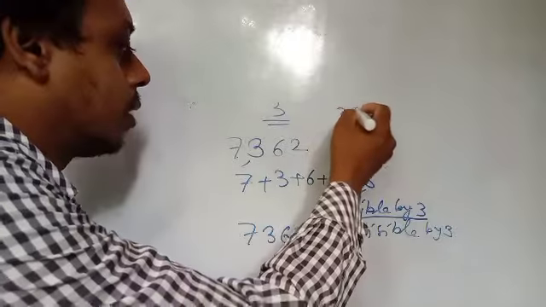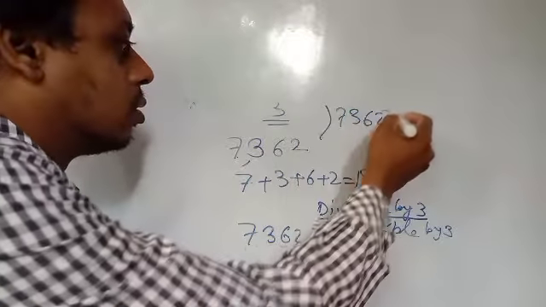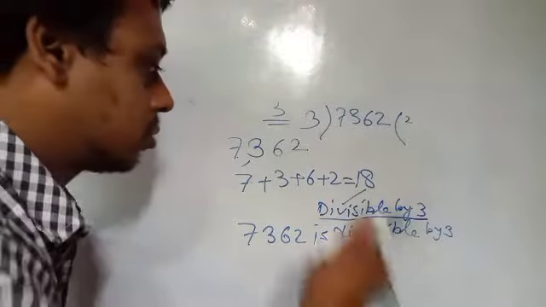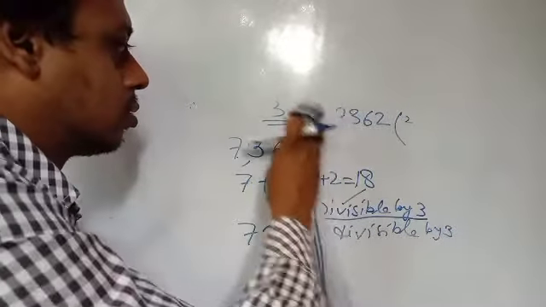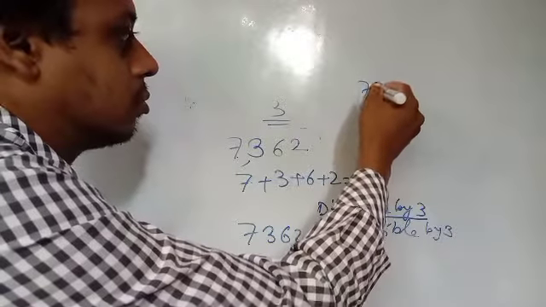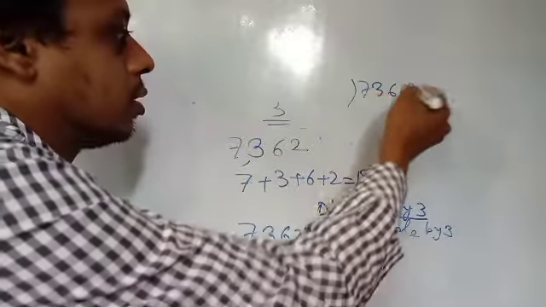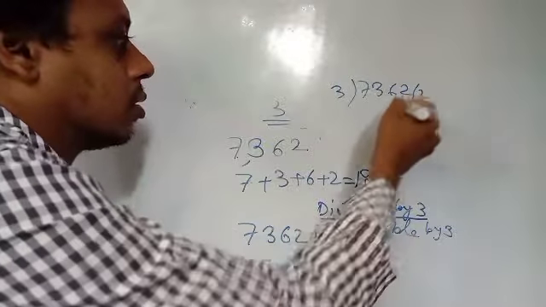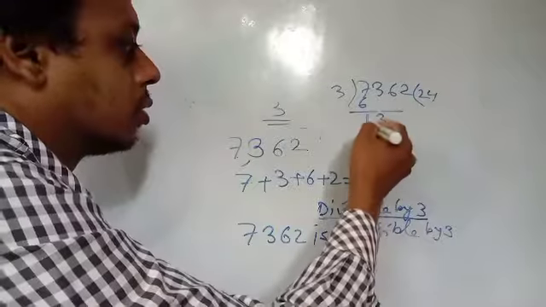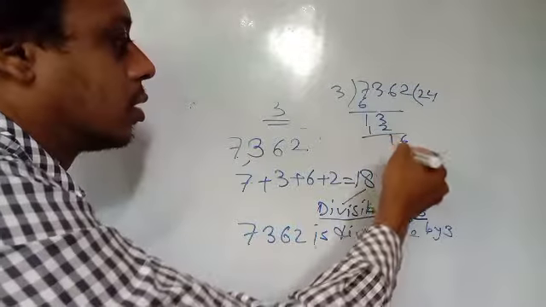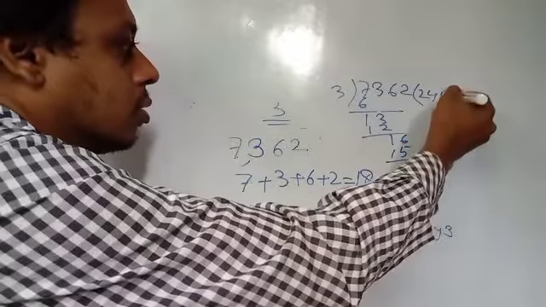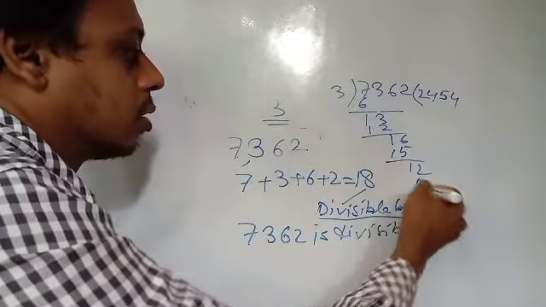You check. 7362 by 3. 3 twos are 6. 1, 3. 3 fours are 12. 1, 6. 3 fives are 15. 1, 2. 3 fours are 12.